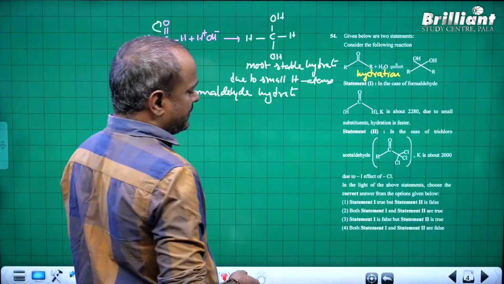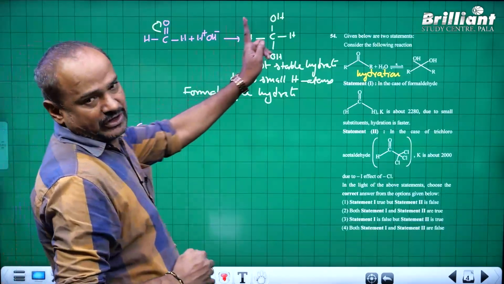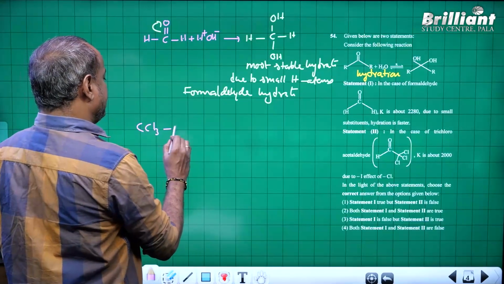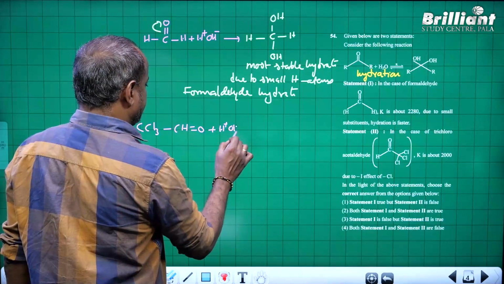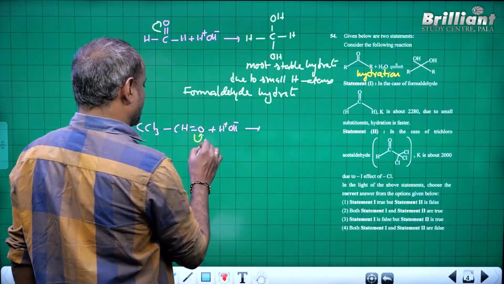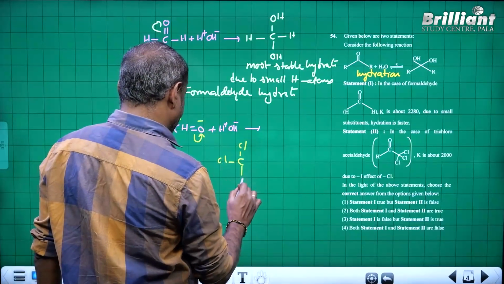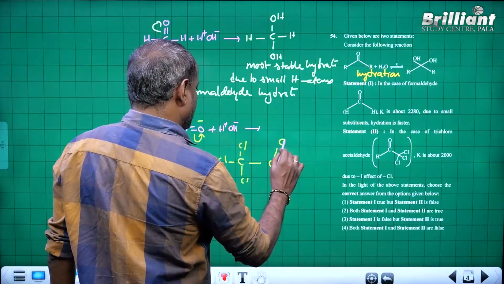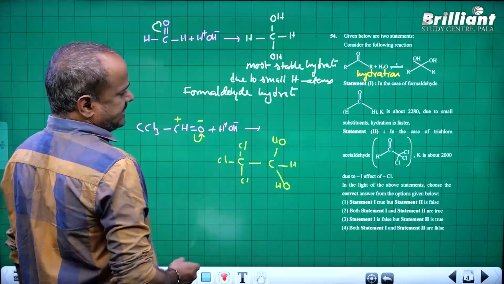Second one, chloral. This is also stable, but the first one is the highest stable. CCl3CHO plus HOH, the same reaction, gives CCl3CH(OH)2. Here there are two reasons.